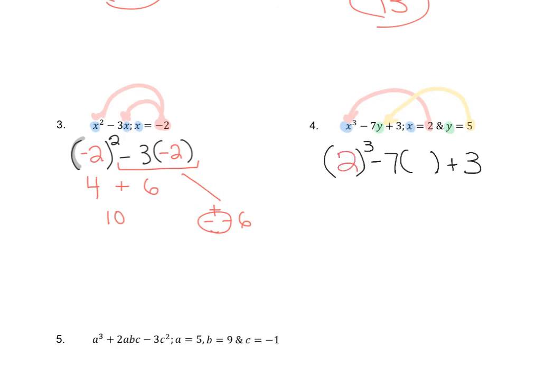So I have 2 to the 3rd power minus 7 times 5 plus 3. 2 to the 3rd is like saying 2 times 2 times 2, which is like saying 8, minus 7 times 5, which is 35, plus 3.